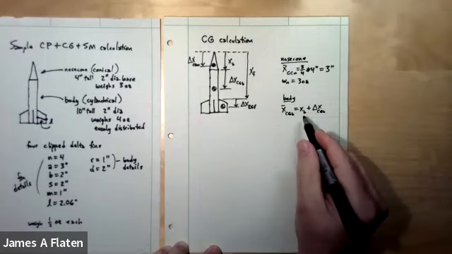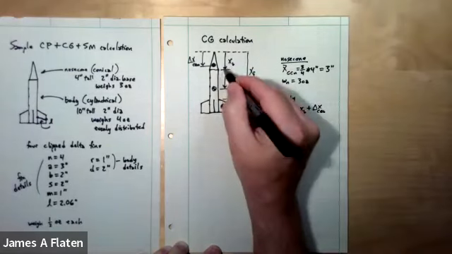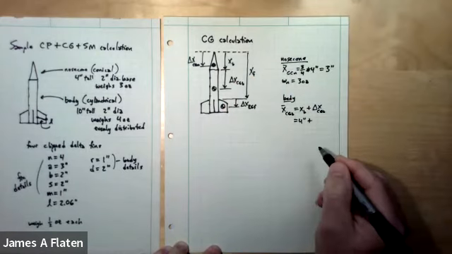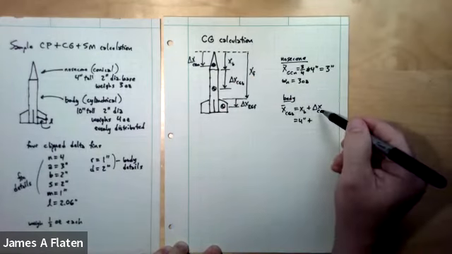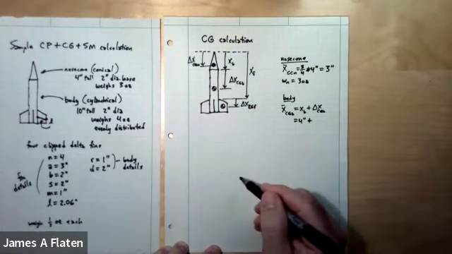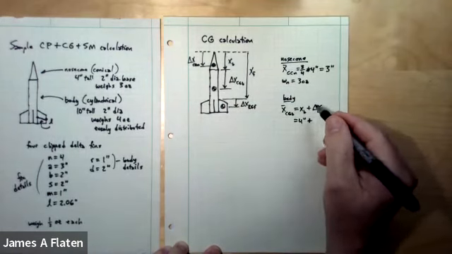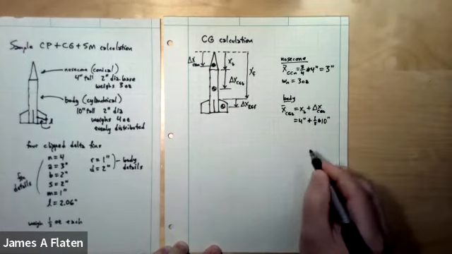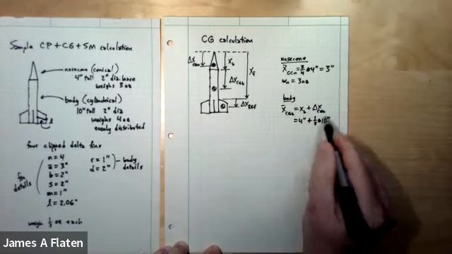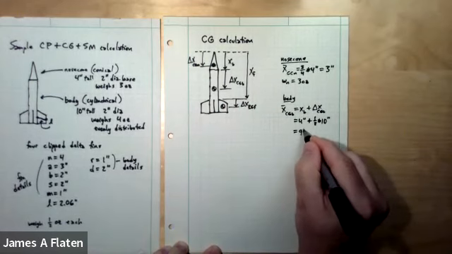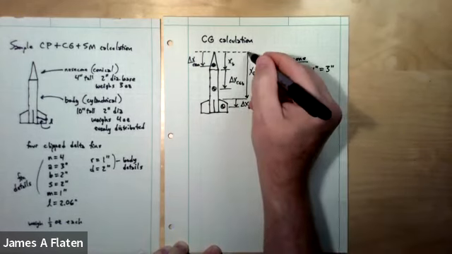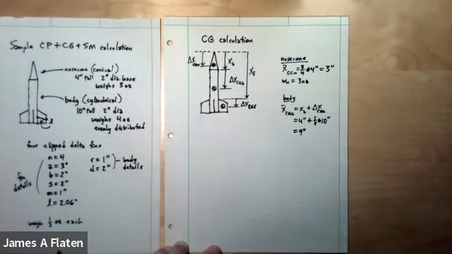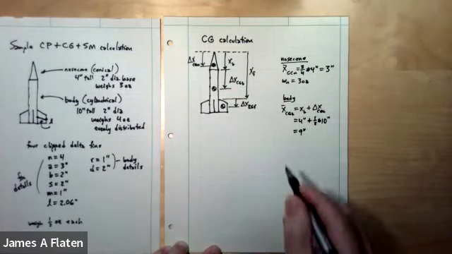The distance to the body is just the height of the nose cone, so that's 4 inches. And the offset is half of the length of the body, so 1/2 times 10 inches. So 4 plus 5 inches, I have 9 inches. So it's 9 inches from the very top to the center of gravity of the body. Okay, that was easy enough.